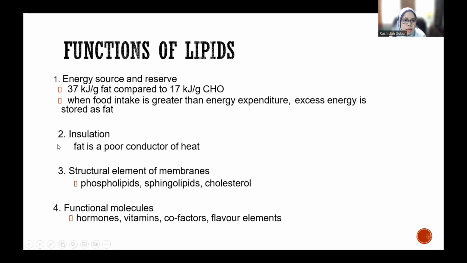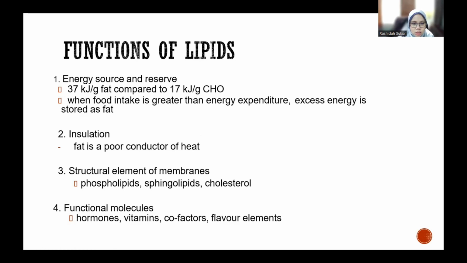Okay. And then the other one is insulation. We know that fat is a poor conductor of heat, so fat can help in terms of insulation. Okay, another important thing is the structural element of membranes. If you can still remember your science class, maybe you learned about this in biology class.